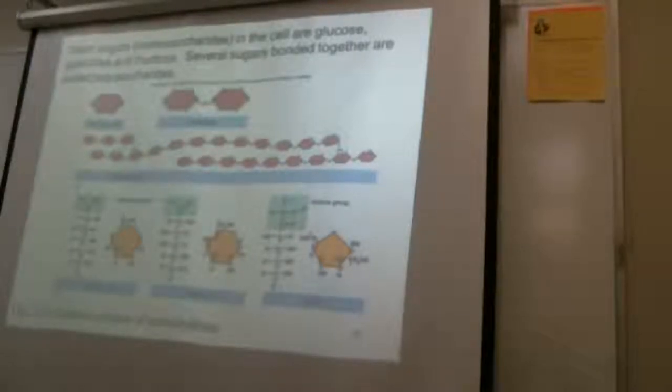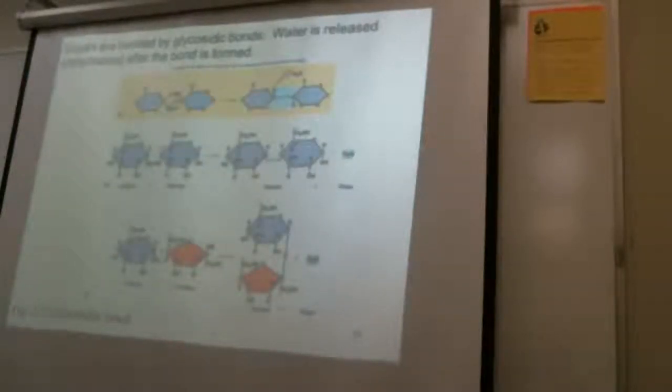Usually they're points, but sometimes they'll have some that hang up a little bit. Some examples of disaccharides: maltose, sucrose, lactose is also.